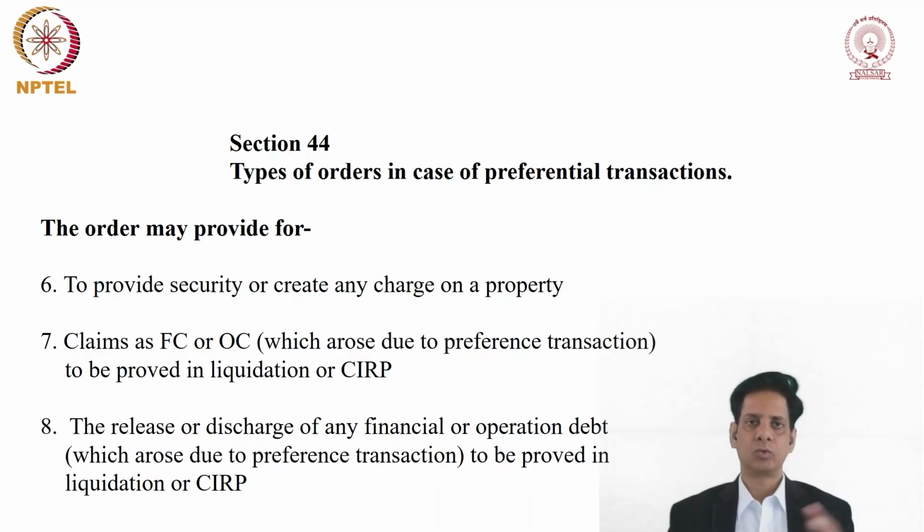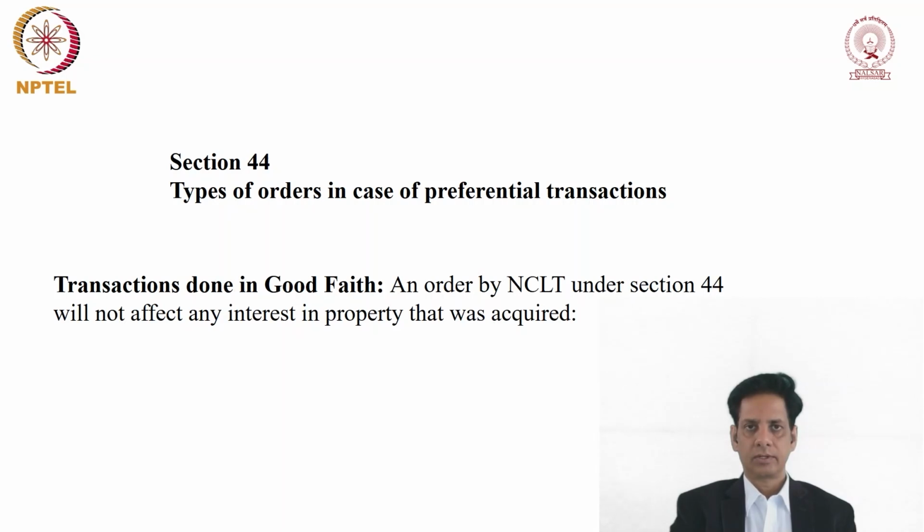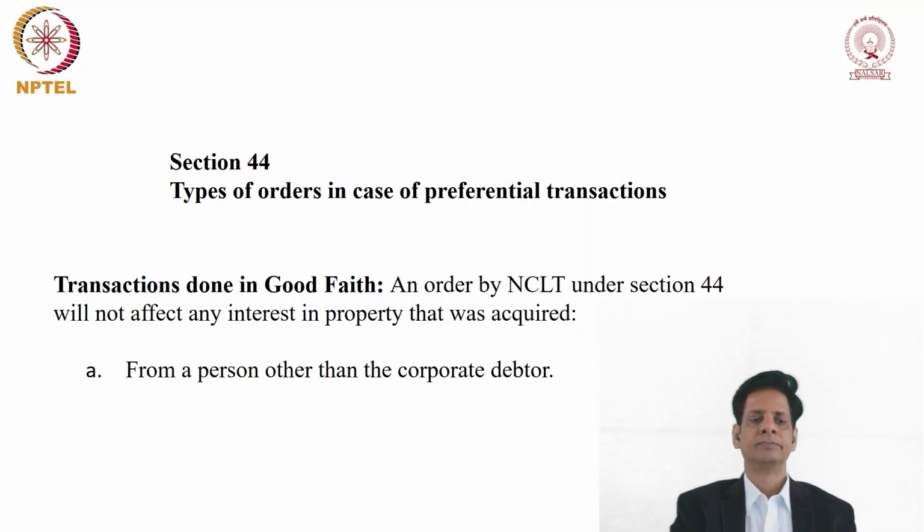So these are few orders which can be made by adjudicatory authority in times where it sees a preferential transaction. However, remember, any person who had acted in good faith, such person's transaction cannot be affected by the order of the NCLT, where I am reading the paragraph now.